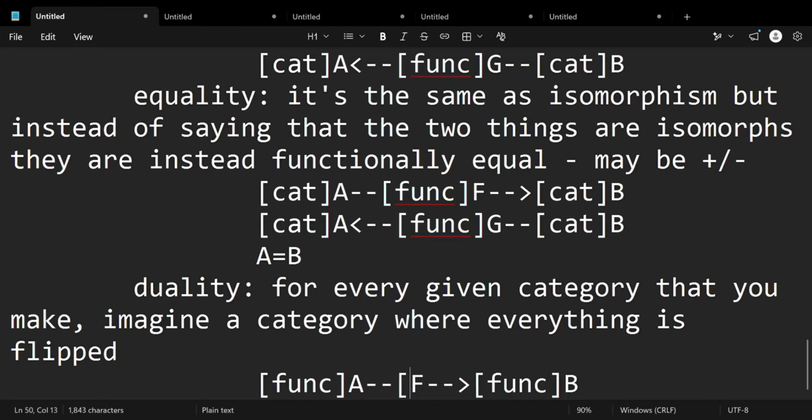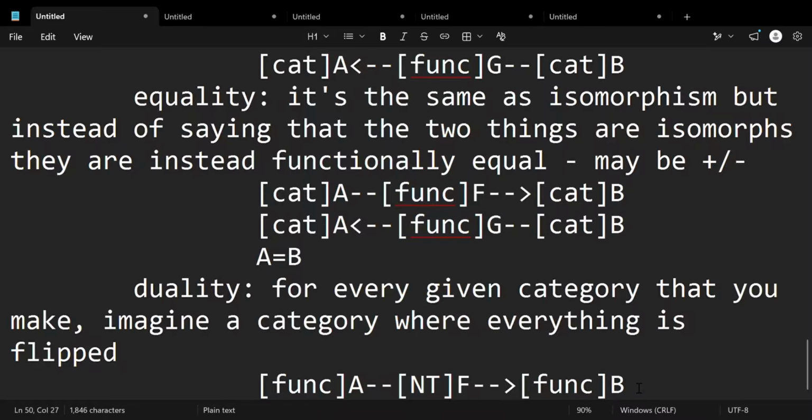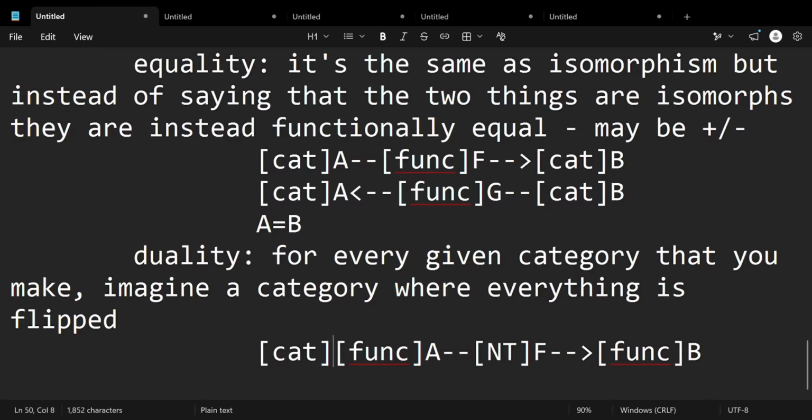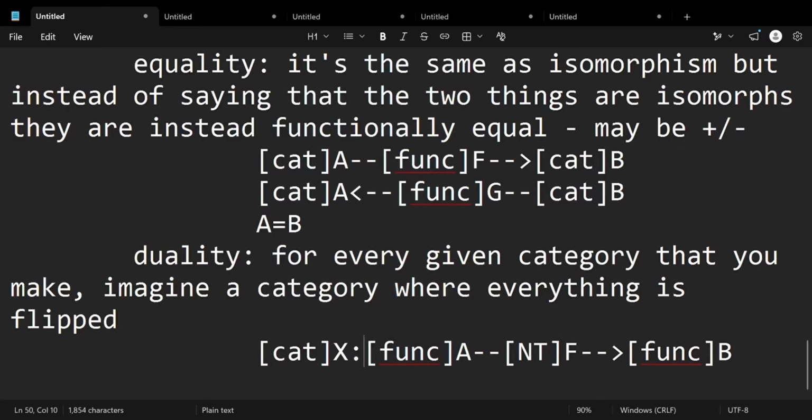Right, it needs to be a natural transformation. Okay? Now, let's say that this was all within a category X, right?